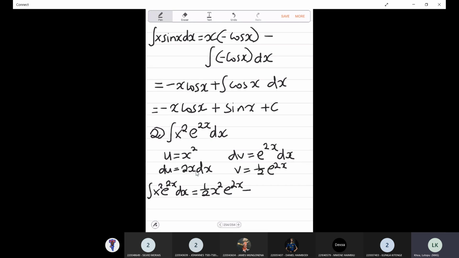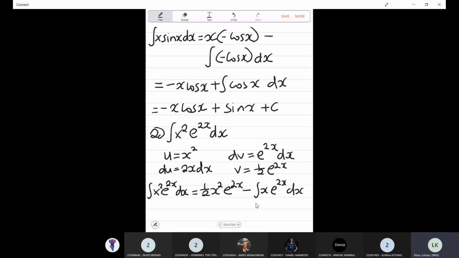So half, times 2x, times half e to the power of 2x, so minus x e to the power of 2x dx.